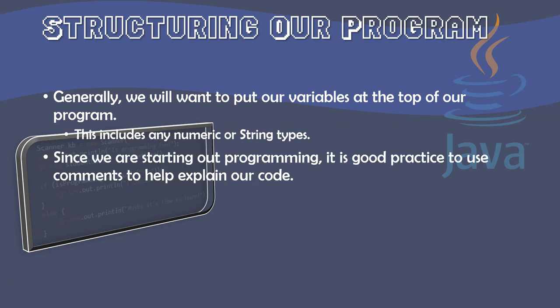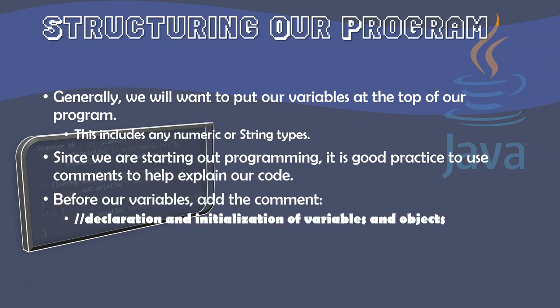Now, because we're starting out programming, it's a good practice to use comments to help explain our code. We have looked at these in our last lesson, but here let's add one new comment to help us start thinking about how these things are being used. So before we put those variables into our program, we're simply going to add the comment, declaration and initialization of variables and objects.